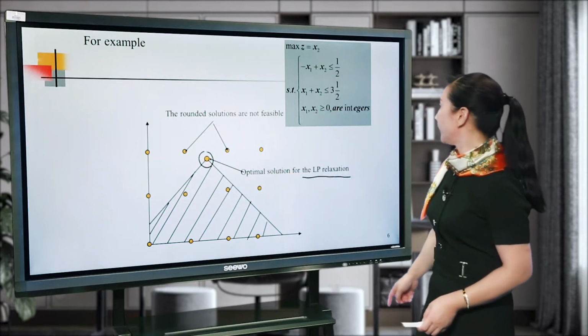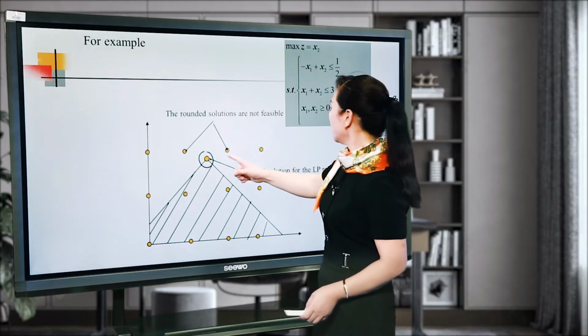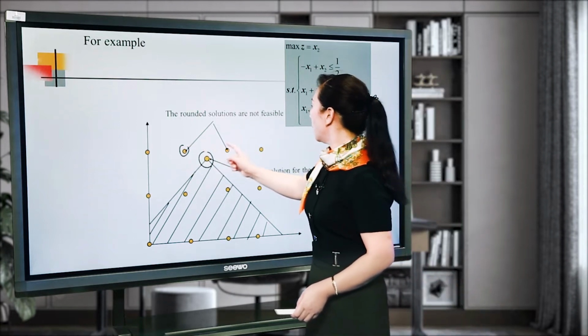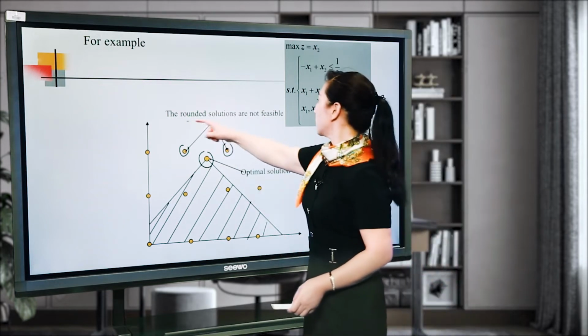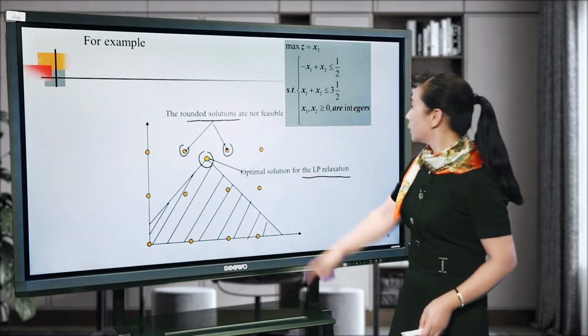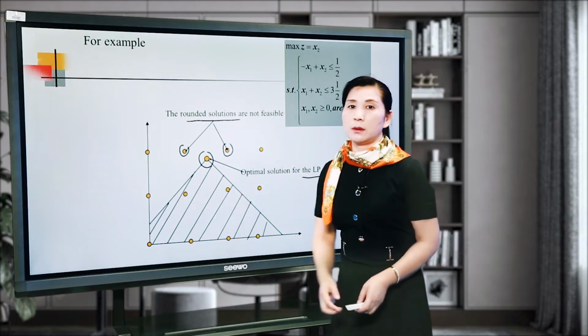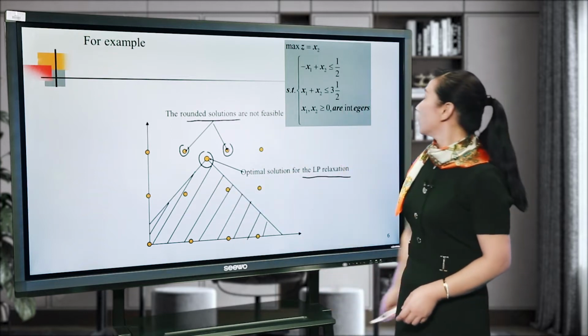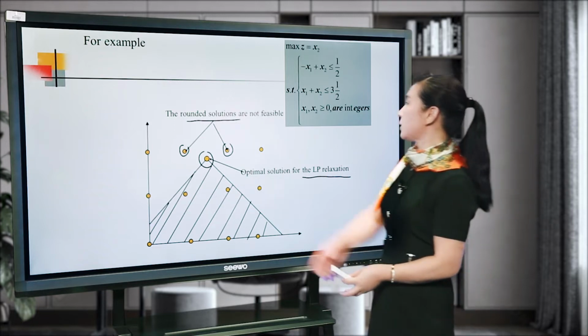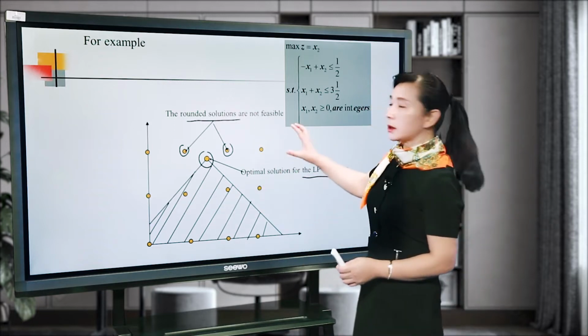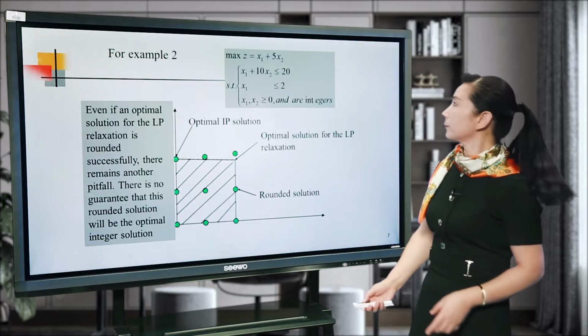If we round, the rounded point is this or this, and we notice that these rounded solutions are not feasible. They are not in this feasible range. So from this example, we note that the rounded solution generally is not a feasible solution.